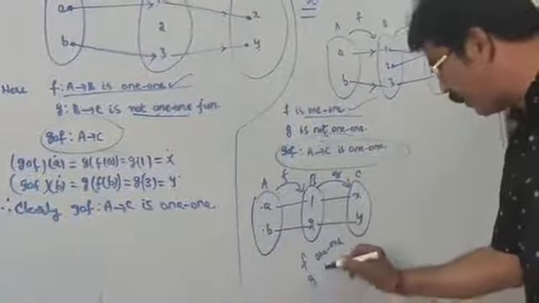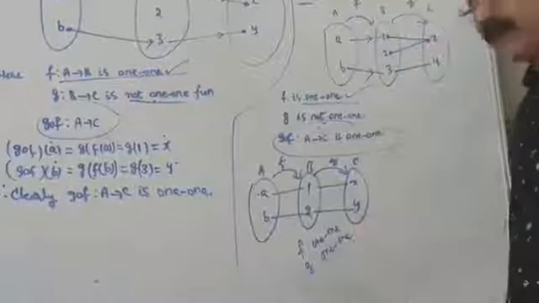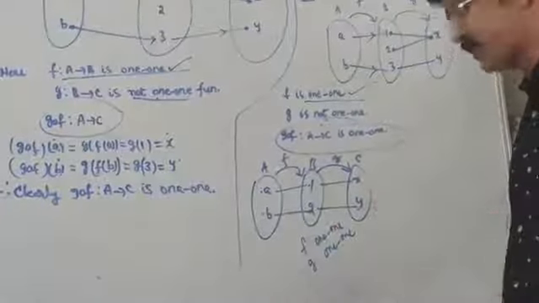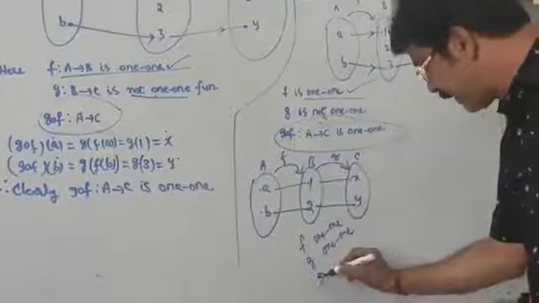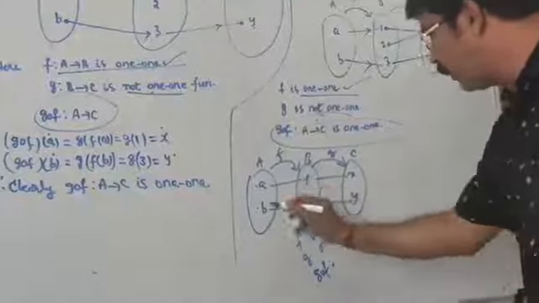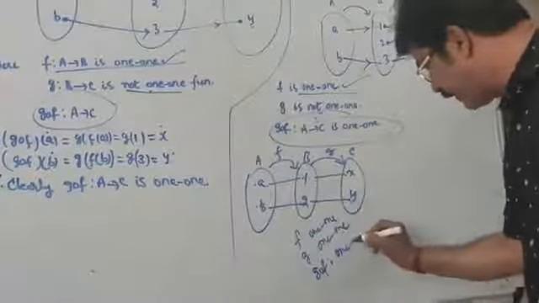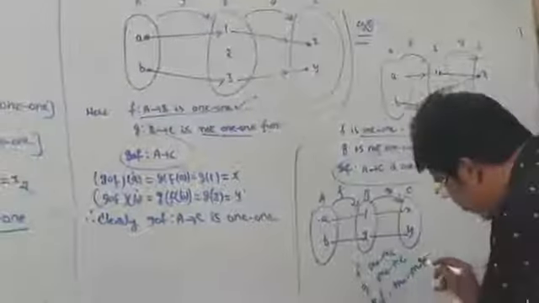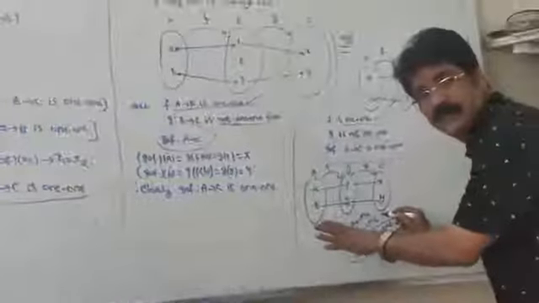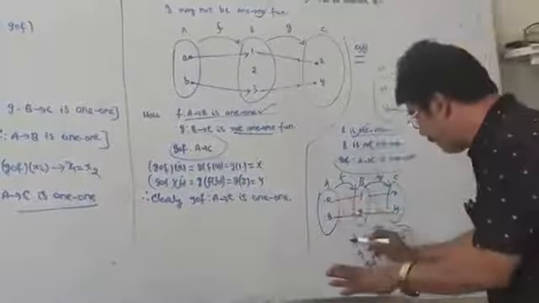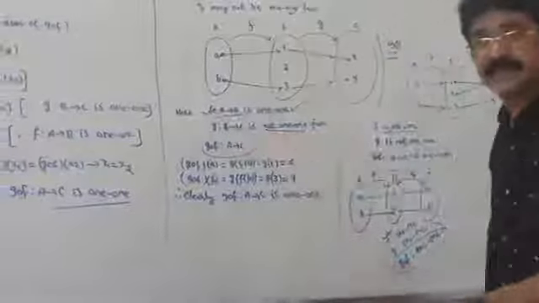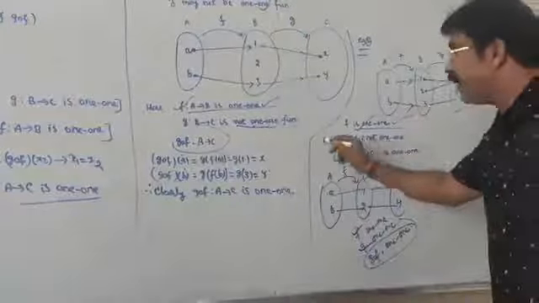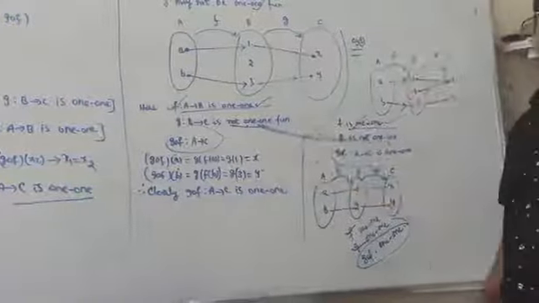Here G is also one-one function because different elements are mapped with different elements. Next, G circle F is also one-one function. So ultimately, for G circle F to be one-one function, F must be one-one function. G may or may not be one-one function.